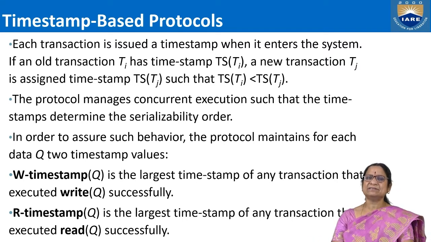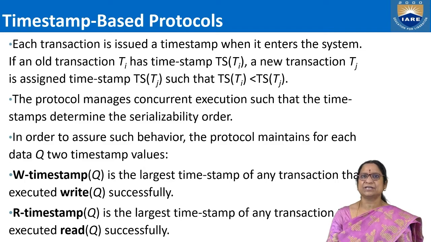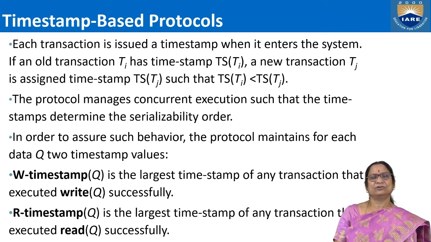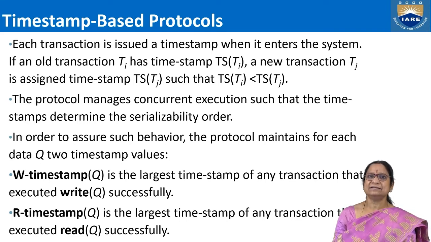So the timestamp is the time at which the transaction entered, or it may be a serial number, like that also you can consider. So in timestamp allocation, the transactions that entered earlier will get lower timestamps compared with the transactions that entered later.